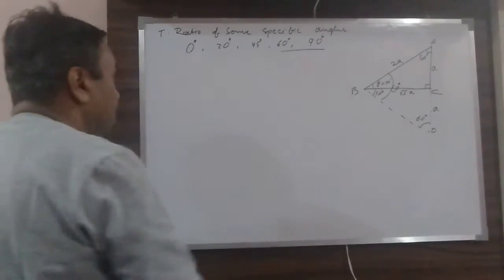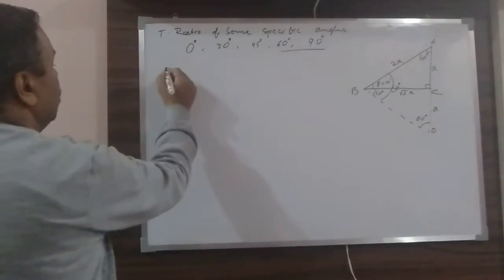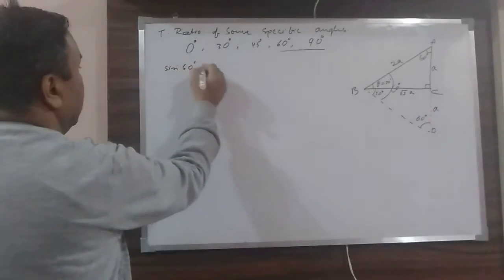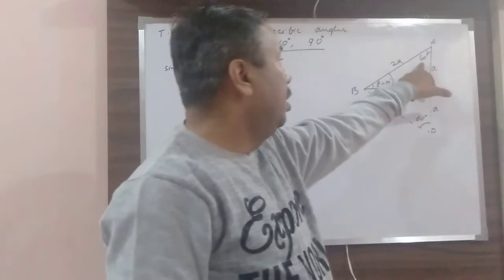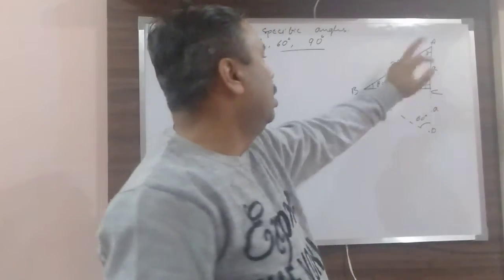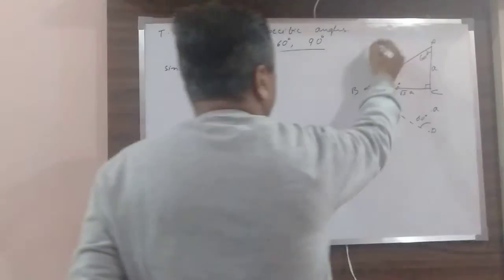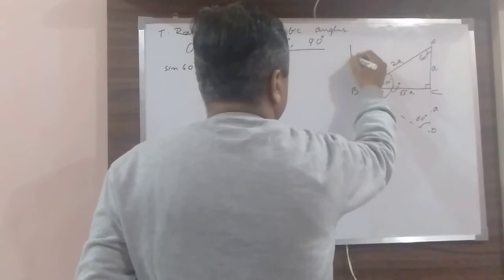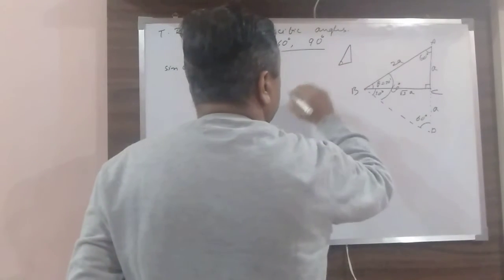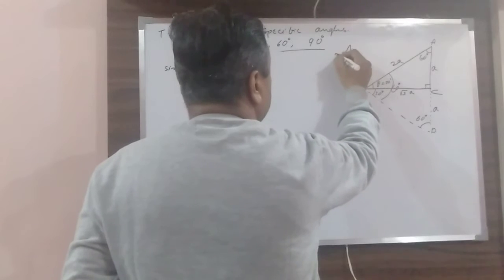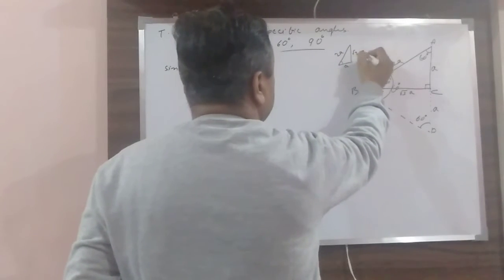If I go for 60 degree, so what will be sine 60 degree? For this as the angle, or this may be reversed like this. So then this side will be A, this will be 2A, and this will be root 3A.